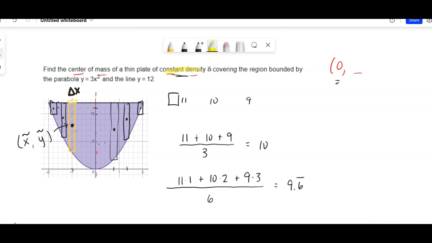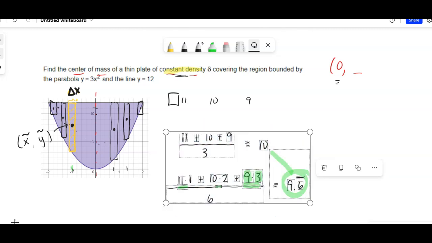And you can see that the weights that I put on these numbers brought the average down closer to that number rather than the other two numbers. It's pulling it down because those numbers are weighing more. So it's like a weighted average, but because it's a definite integral, it's an infinitely long weighted average.